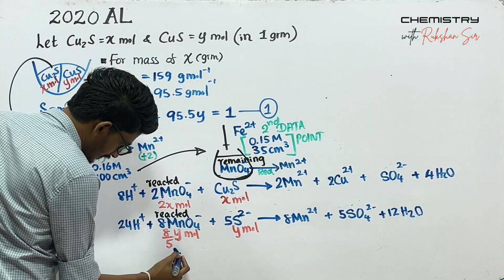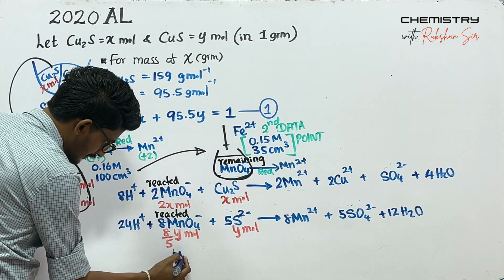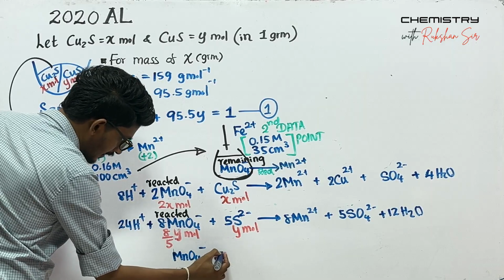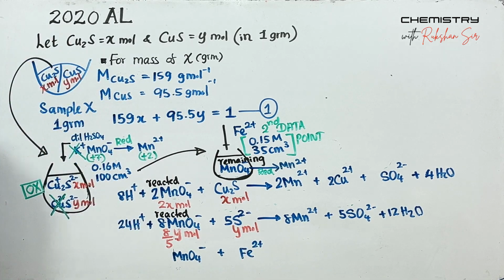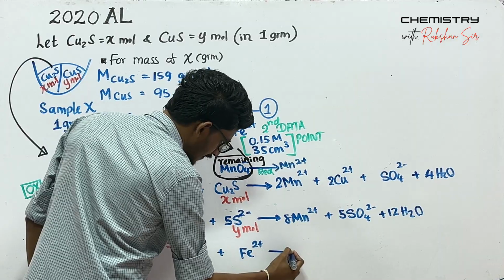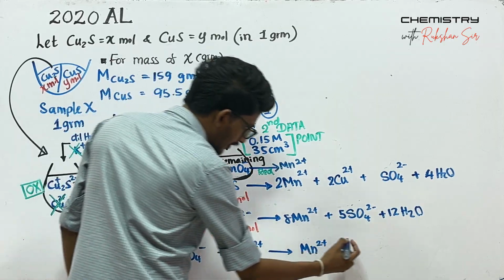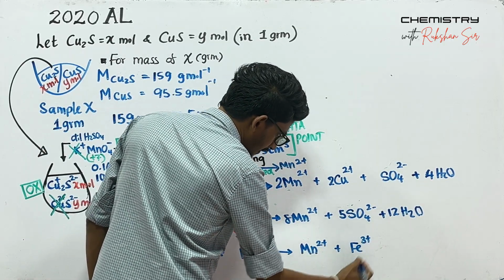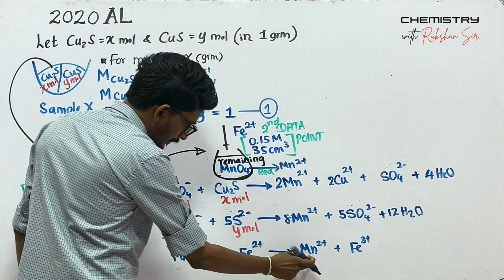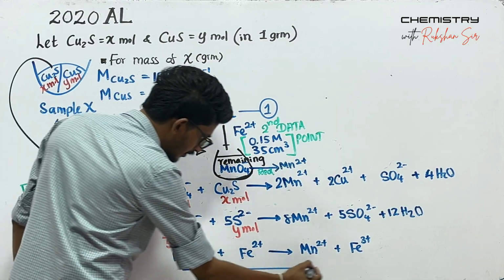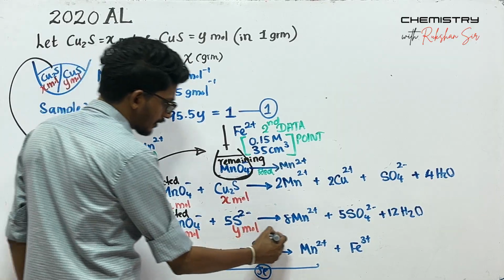The next reaction is the MnO4 minus reacting with Fe2 plus. While MnO4 minus reduces to Mn2 plus, the Fe2 plus oxidizes to Fe3 plus, right? Let's balance it. Plus 2 here, plus 7 here, 5 electron difference between these two. These two just 1 electron difference.